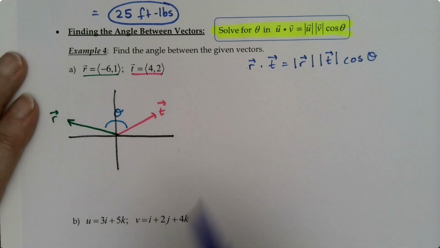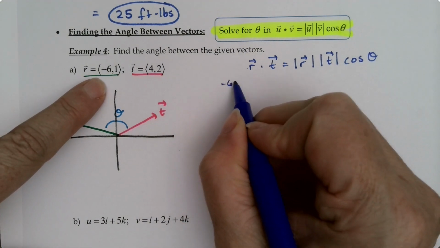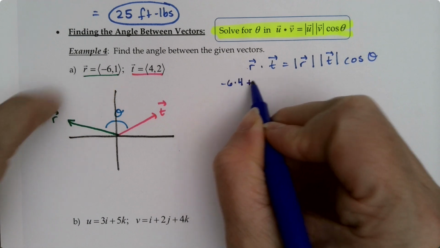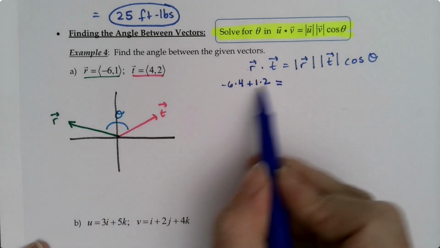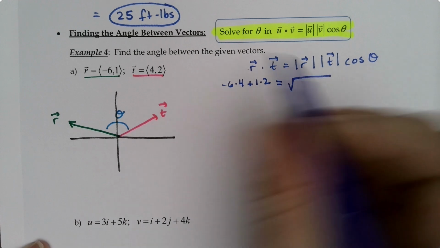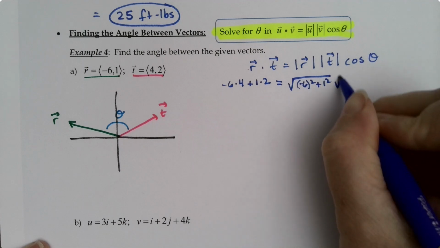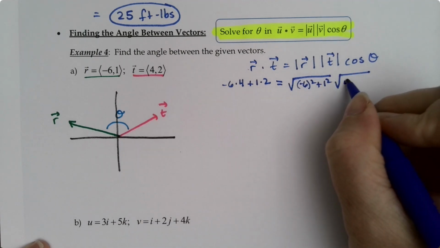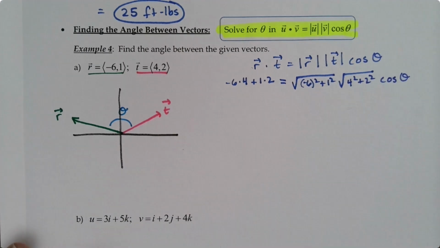All right, so r dot product with t would be -6 times 4 plus 1 times 2, using the alternative formula over on the left side. The magnitude of r is the square root of -6 squared plus 1 squared. The magnitude of t is the square root of 4 squared plus 2 squared. And then the cosine of the angle we're just going to leave there.